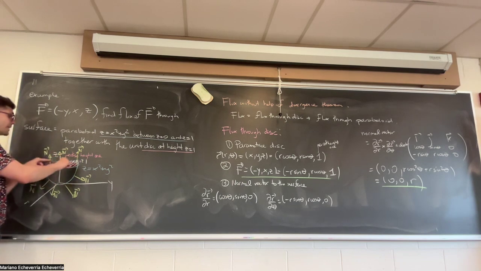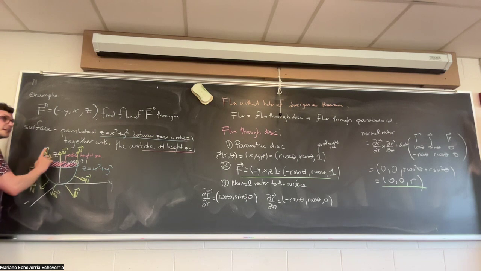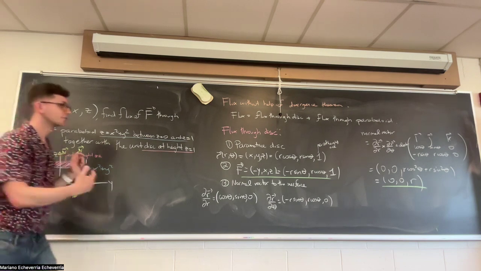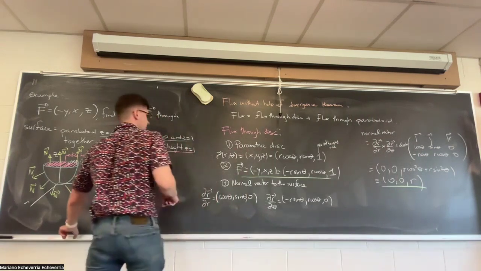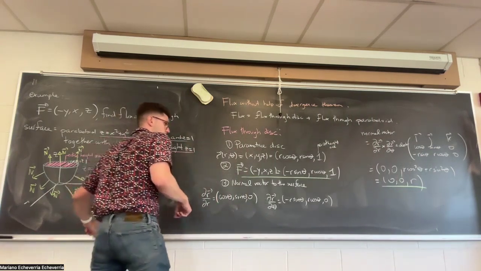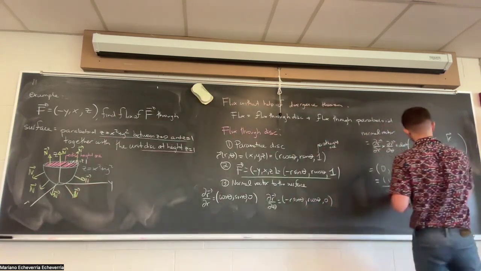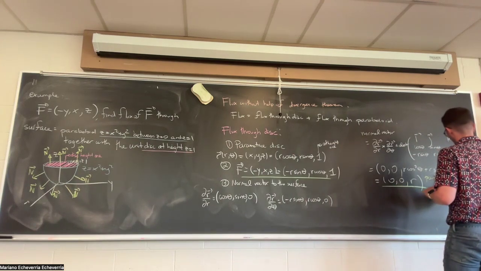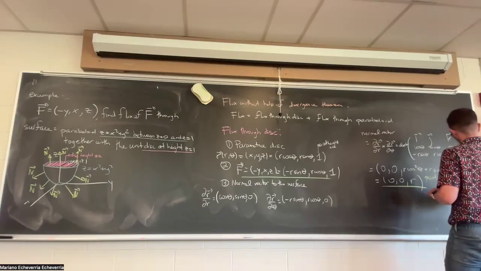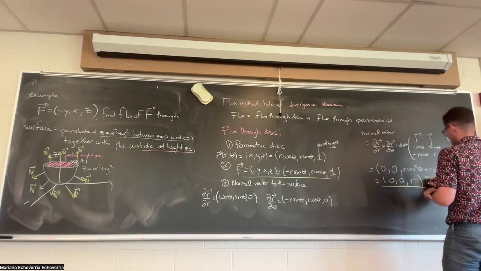At the level of the disk, we do need something with a positive third entry, pointing along the positive z-axis. So this one does point away from the region, since the third entry is positive.